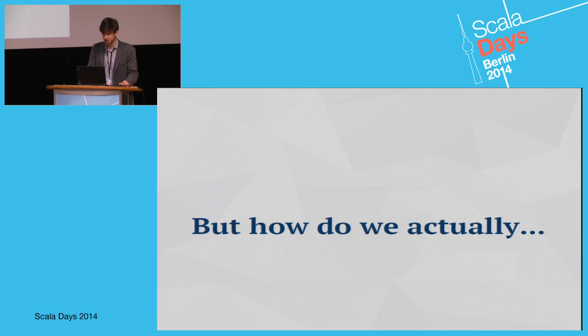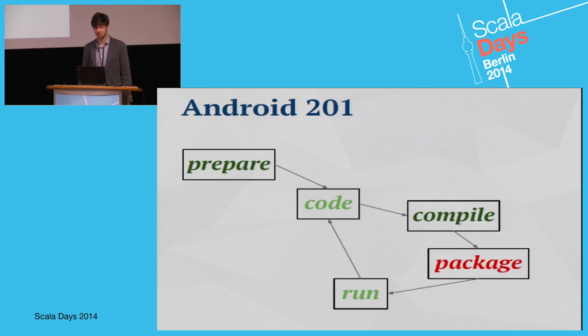Well, this brings the question of how we actually run Scala on Android, and if there are any problems. I guess that's the main part that you were interested in. So let's revisit the process of writing Android apps.